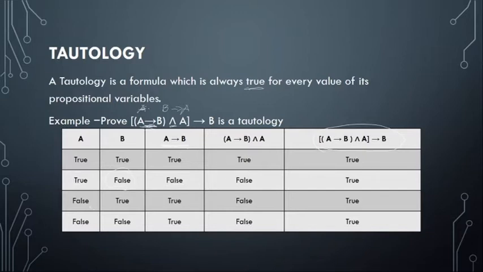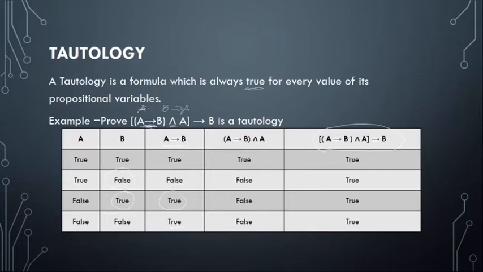Next, A is false, B is true, so the return value is true. Then the last, both A and B have the same value, so the return value is true. That's the implication, or if A then B.